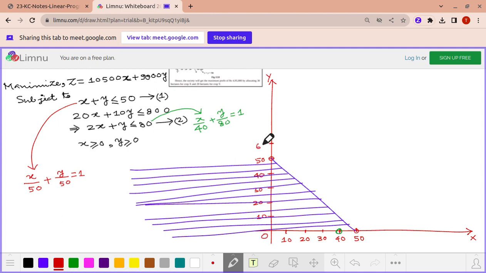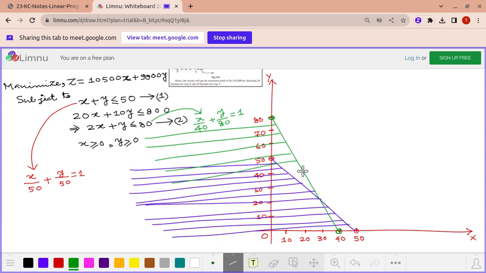That is 60, 70, and 80. So this is another point. So we are going to join these two points. Whatever you see, dear students, that I have joined in the green color, that is 2x plus y less than or equal to 80. As it is less than or equal to, we consider the left hand side.